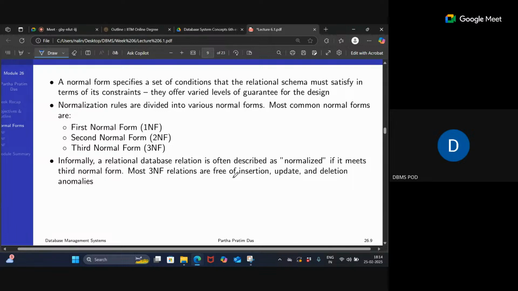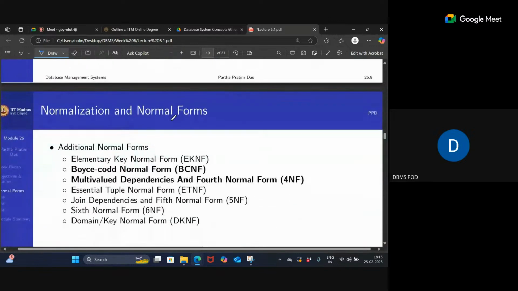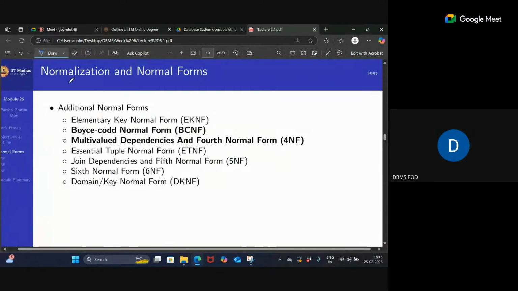Most 3NF relations are free of these anomalies: insertion, update, and deletion anomalies. But 3NF also has some redundancy. We'll see that also. And these are the additional normal forms: EKNF, elementary key normal form.